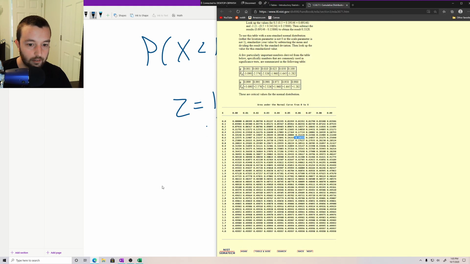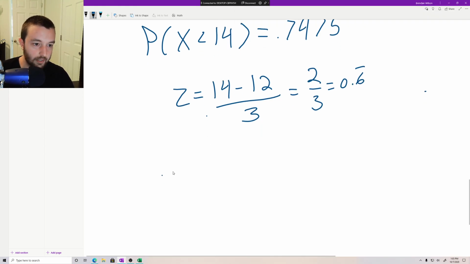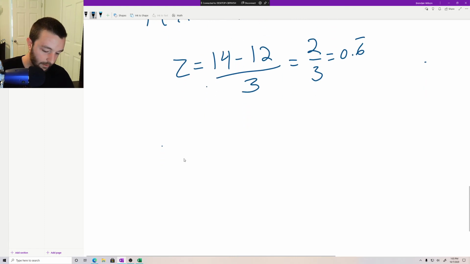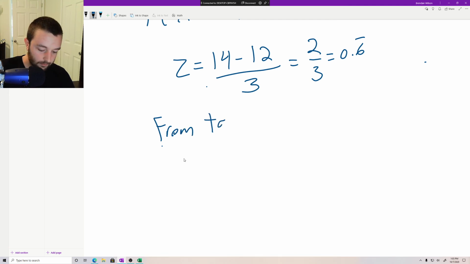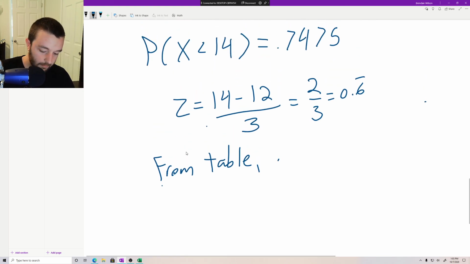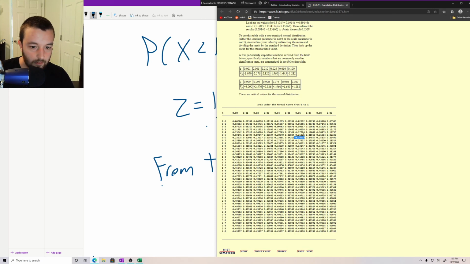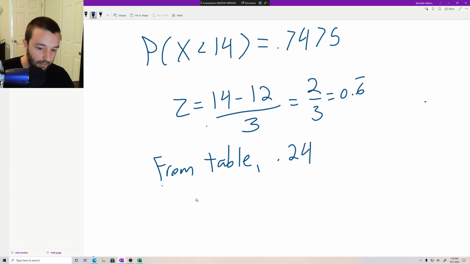Okay. So 0.24537. So it's a little less precise. Okay. So from the table, this is 0.24, what was it, 537? 537. But then we've got to add on that 0.5. So we get 0.74537.